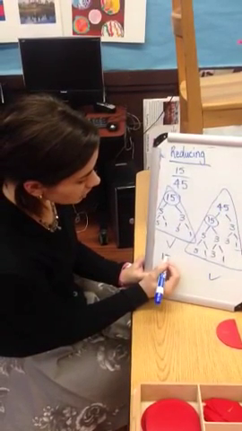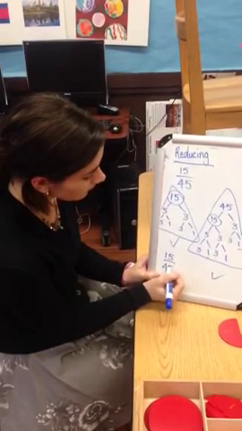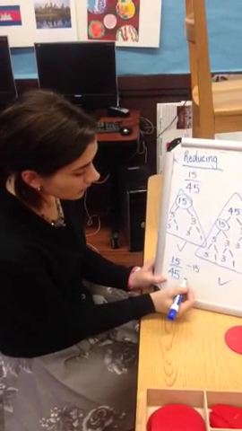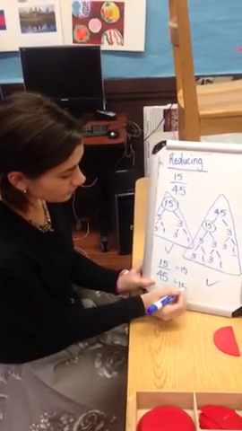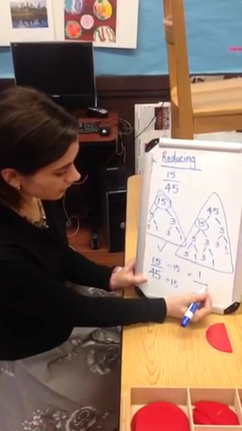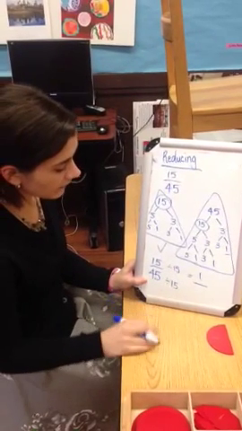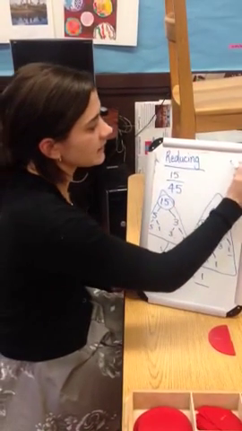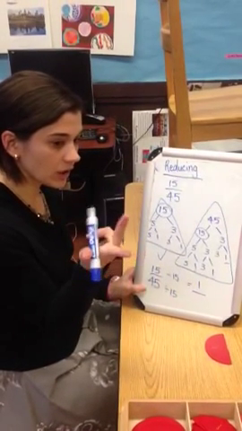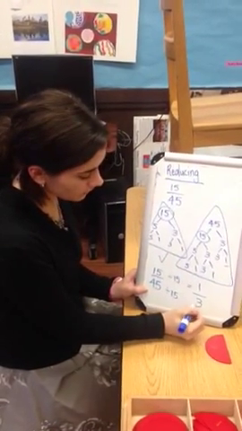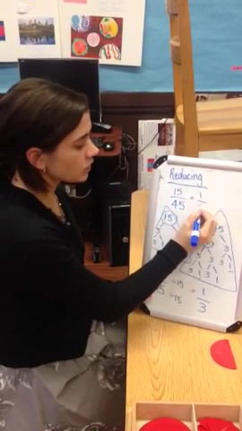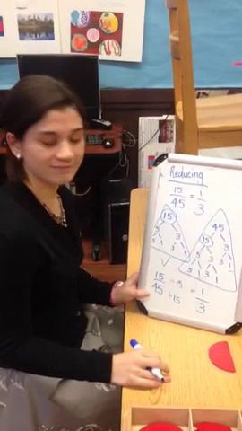Then we take our initial fraction, 15/45, and we divide the top by 15, and we divide the bottom by 15. 15 divided by 15 is 1. 45 divided by 15 is, let's see, 15, 30, 45. It's 3. So we see that 15/45 is equal to 1/3.